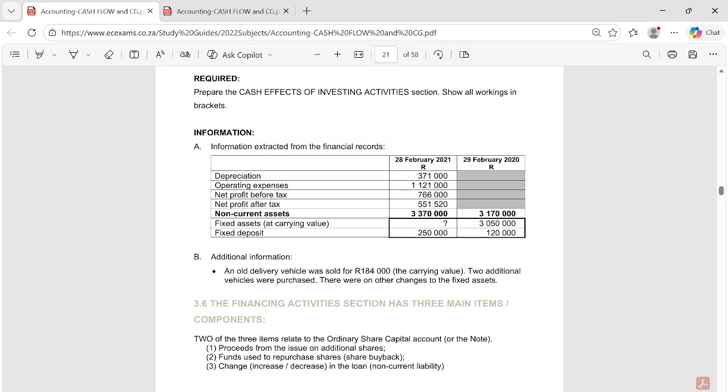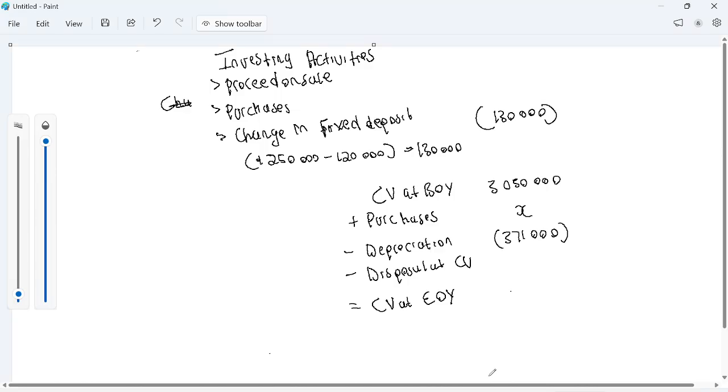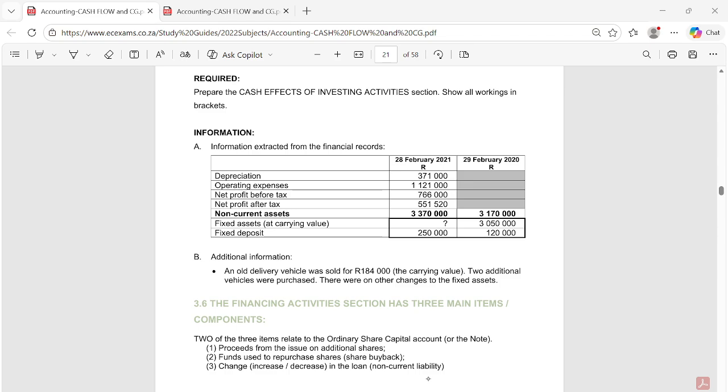So this minus this will give me my fixed asset at the end of the year, meaning carrying value. So I'm gonna say 3,370 minus 250,000. So I'm getting 3,120,000, right?